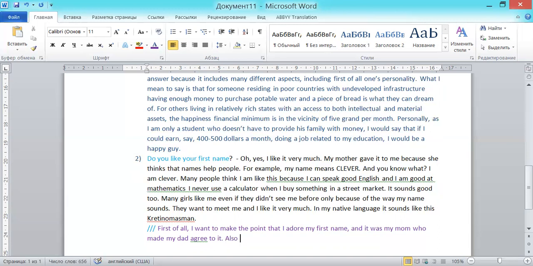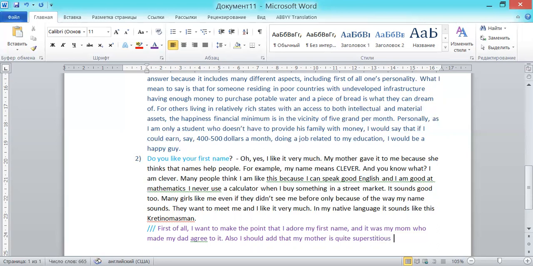Also, I should admit, again another leading phrase, I should admit, not admit, but add, I should add that my mother is quite superstitious, right? Because she believes in such sorts of things, black cats, etc. Superstitious.